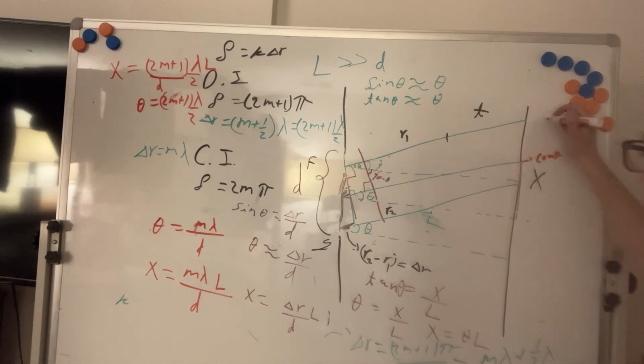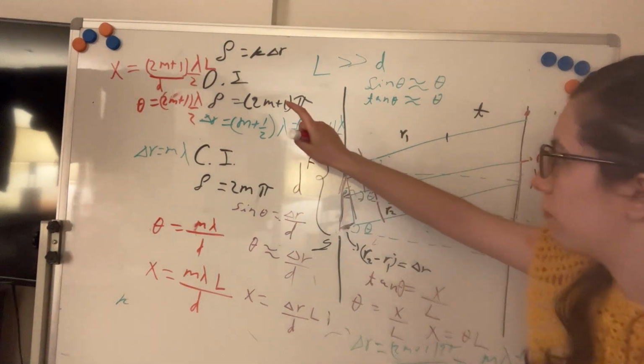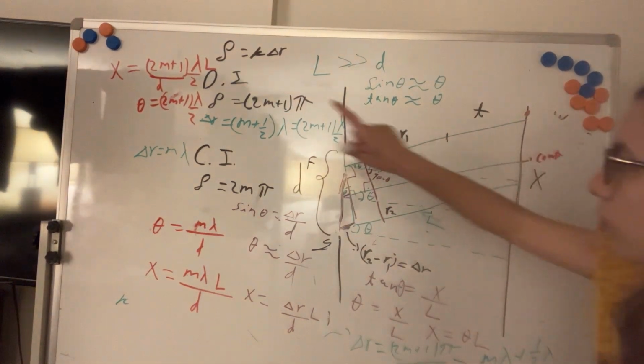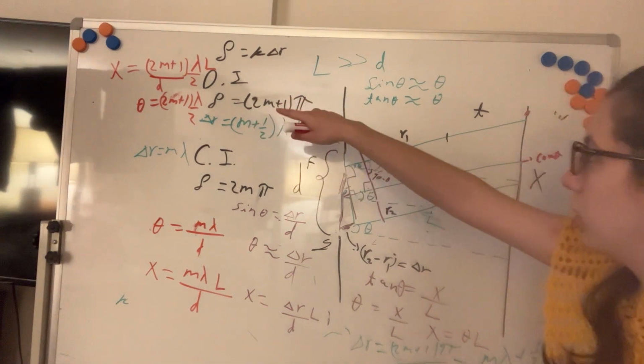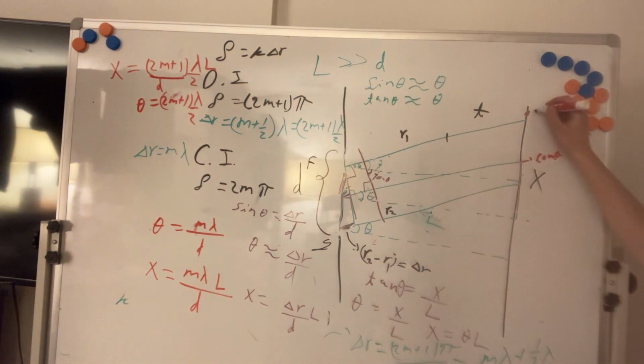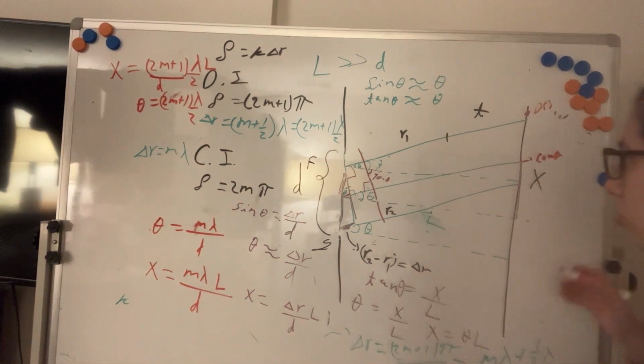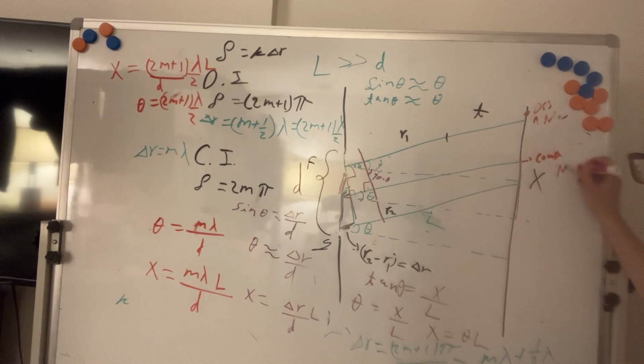If at this point x is equal to (2m plus 1) lambda L over 2d, we have destructive interference, and we will see a black band. So this is an antinode, this is a node, this is a minima, this is a maxima.